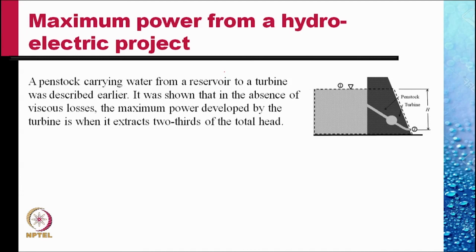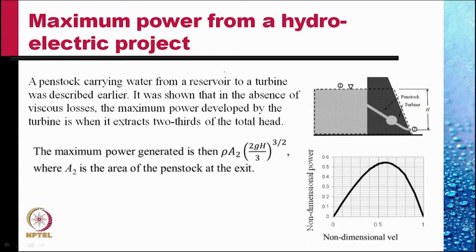Let's do one more example. The maximum power from a hydroelectric project, a penstock carrying water from a reservoir to a turbine, was described earlier. It was shown that in the absence of viscous losses, the maximum power developed by the turbine is when it extracts 2/3 of the total head, so that the maximum power generated is ρ A2, the area of the penstock, times (2gH/3)^(3/2).